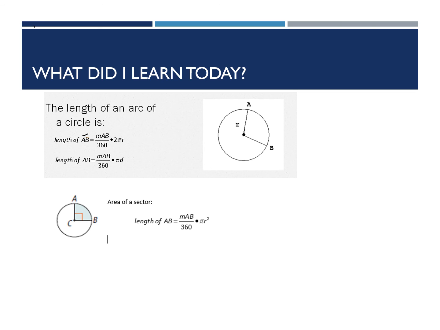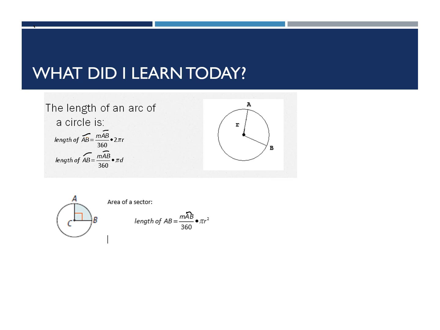So today you learned that to find the length of an arc, we're going to look at the part of the circle that it intercepts, find that portion, and multiply by the formula for circumference, because arc length is just part of the circumference.